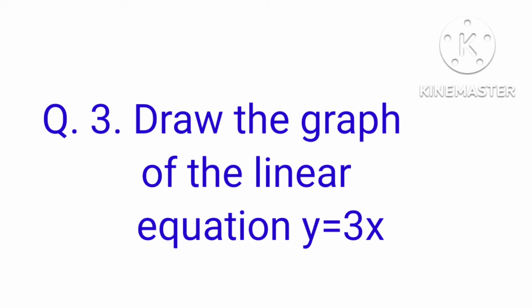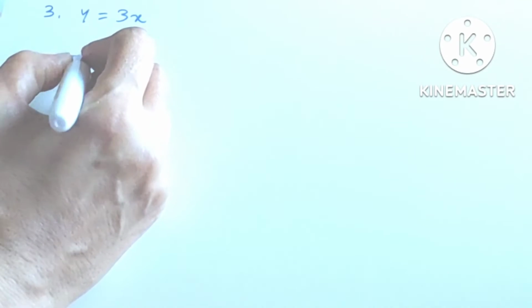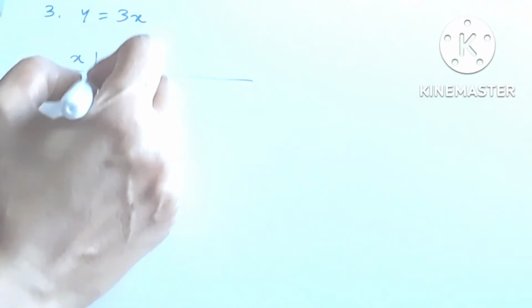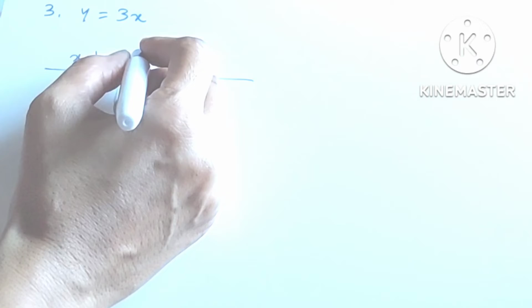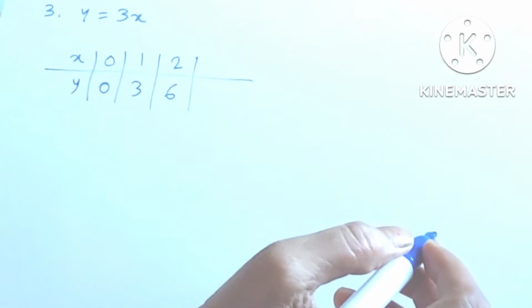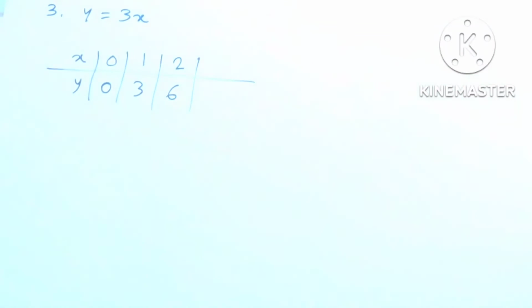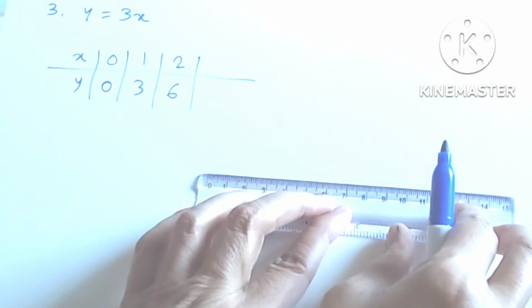Question 3. Draw the graph of the linear equation y is equal to 3x. Here y is equal to 3x. We have to draw the table. Minimum 3 points we have to write down here, and then we have to draw the graph.